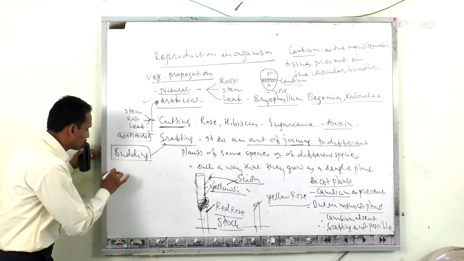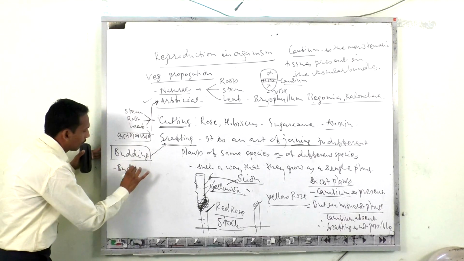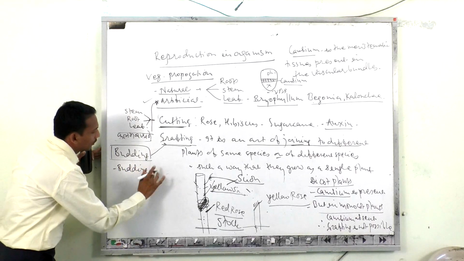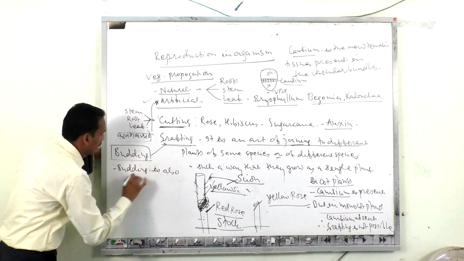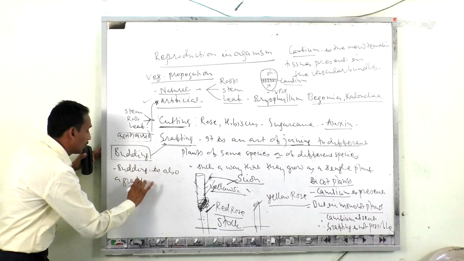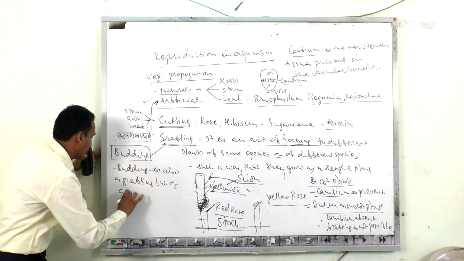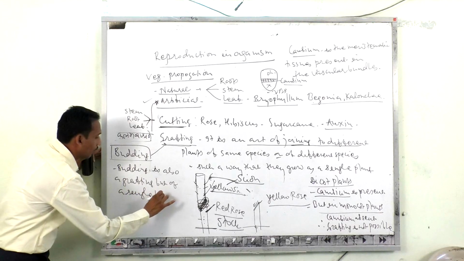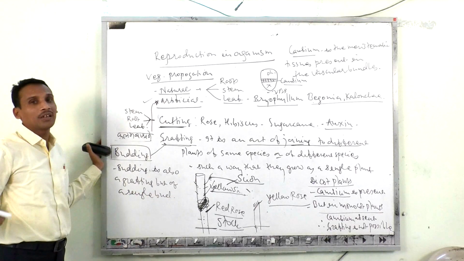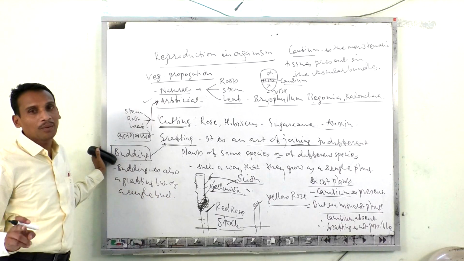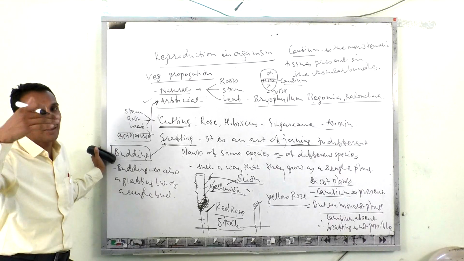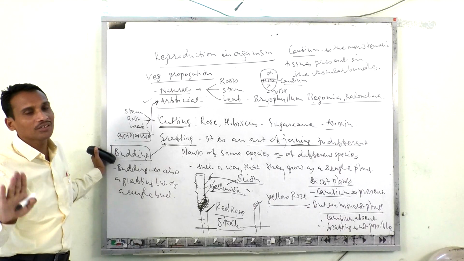What is actually budding? Budding is also a grafting, but of a single bud. Here we don't bring the whole stem. Simply you have to bring a single bud.